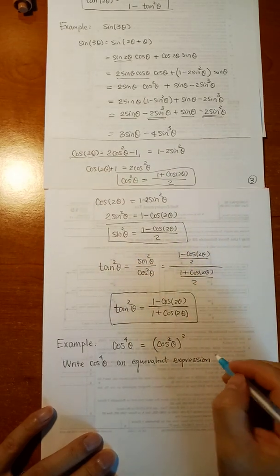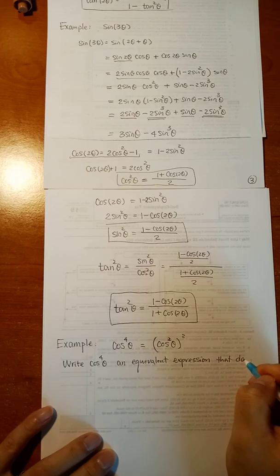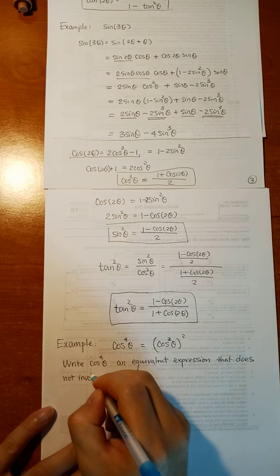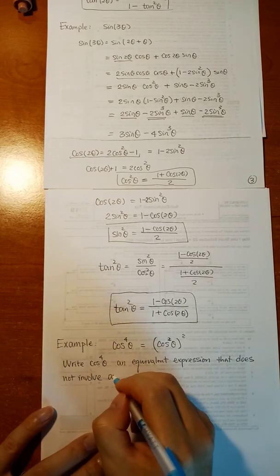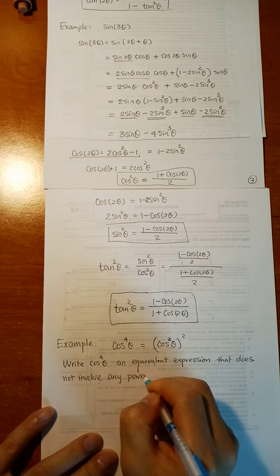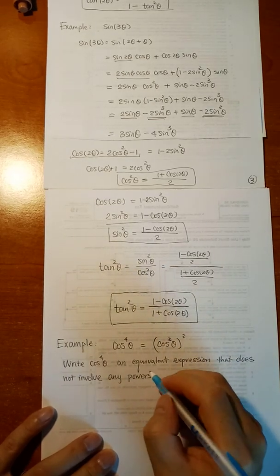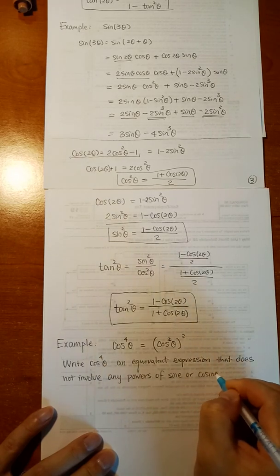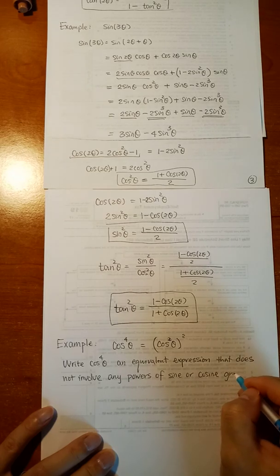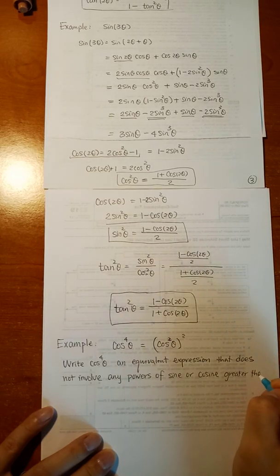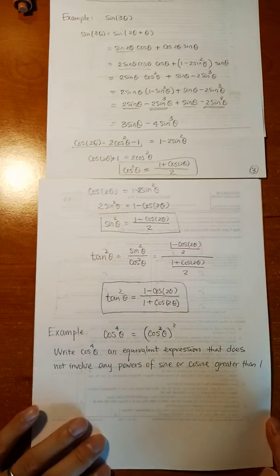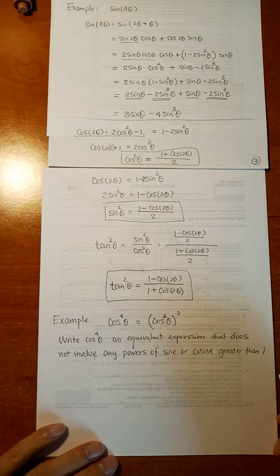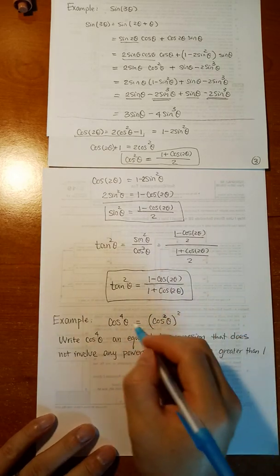Equivalent expression that does not involve any power of sine or cosine greater than 1. Of course, it will contain the power 1 if you have sine cosine, but we don't want to have a big higher power. Okay, so we will continue this.